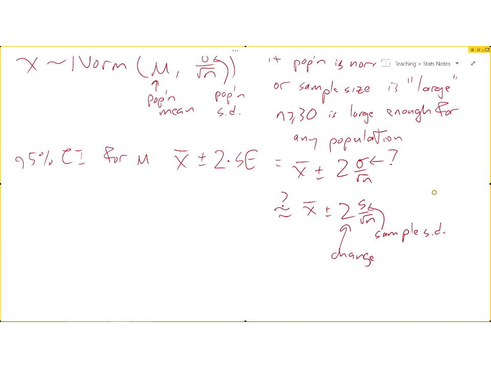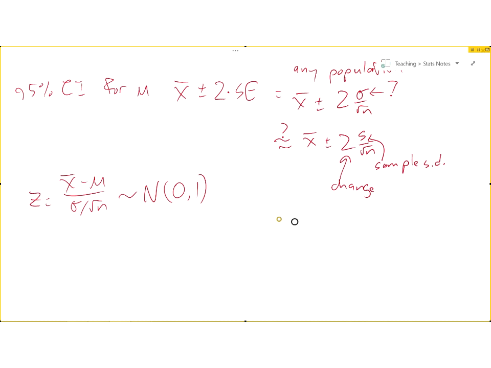The long and the short of that is, in general, when you subtract the mean from an observation, and in this case our observation is our sample mean, and our mean is our population mean, and divide that by the standard deviation, which in this case is the standard error, that has a standard normal distribution. This is a z-score.